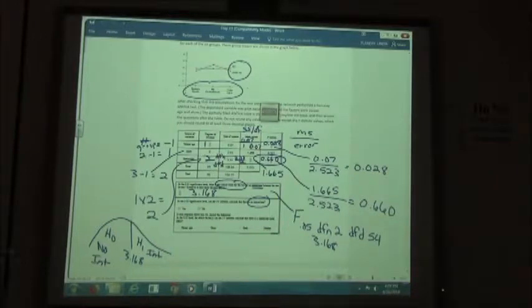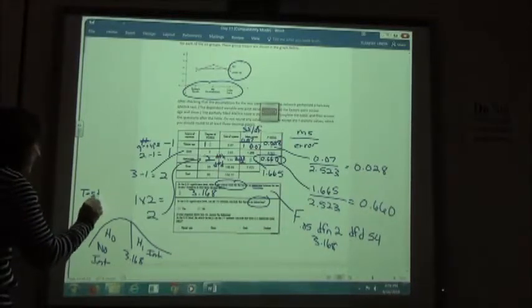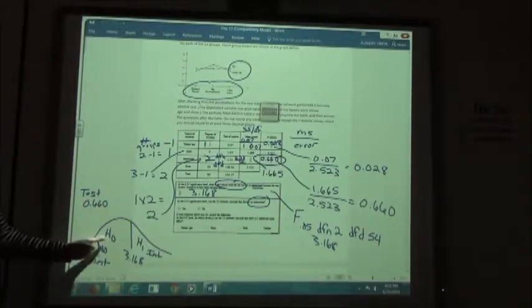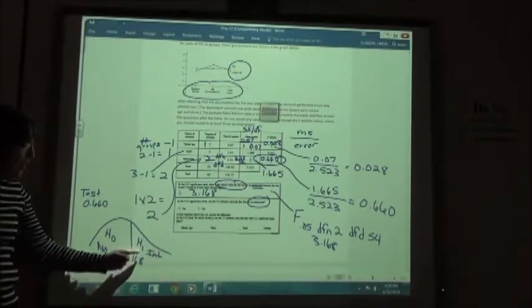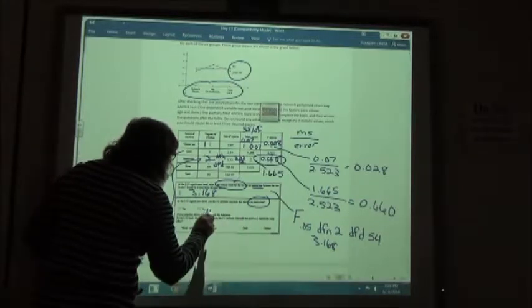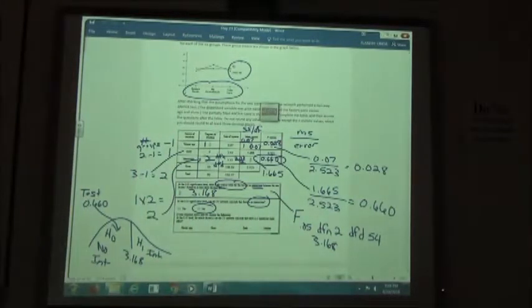Our test value is 0.660. Would that be less than the 3.168 or greater than the 3.168? In this case, it's going to fall in the section for the null. So if it's in the section of the null, we're going to say there is no interaction. Can we conclude there is an interaction? No, we cannot.